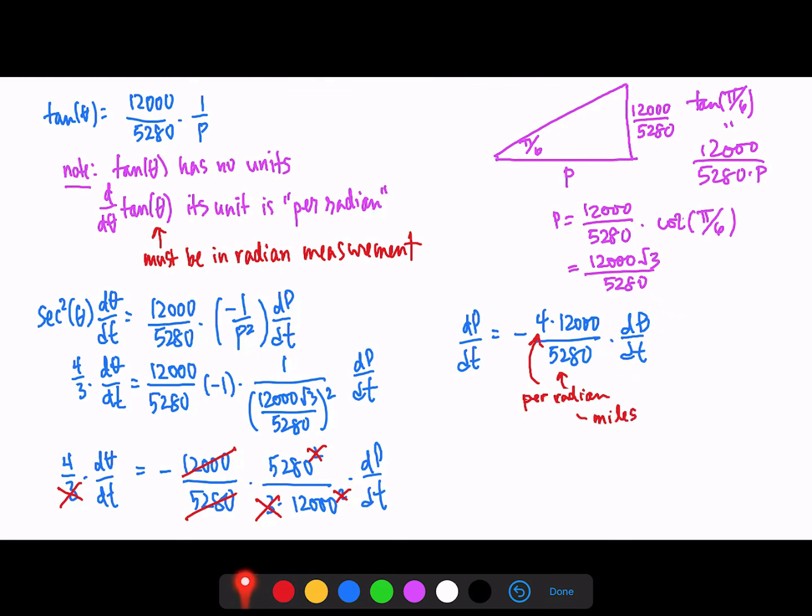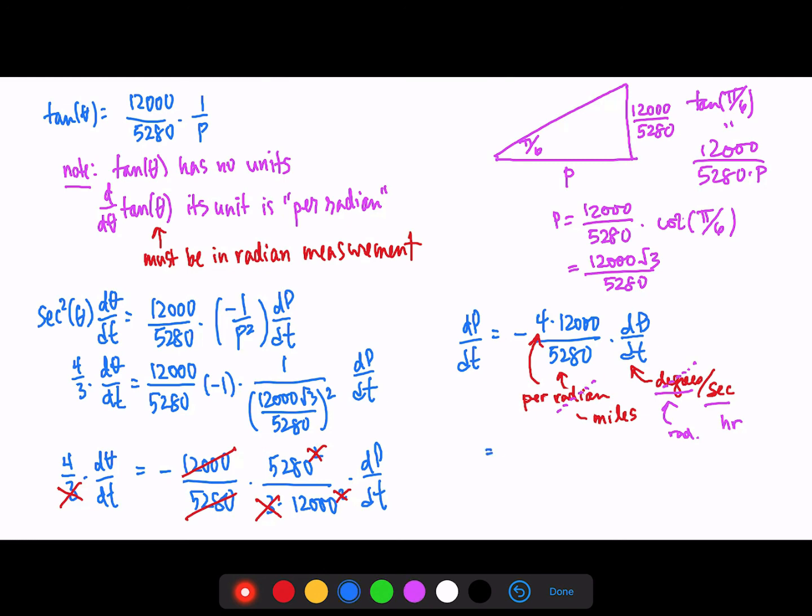Our d theta dt is given to us in degrees per second. What I want is for the second instead to be measured in hours, and I need to convert these degrees to radians, because I want them to cancel with that.